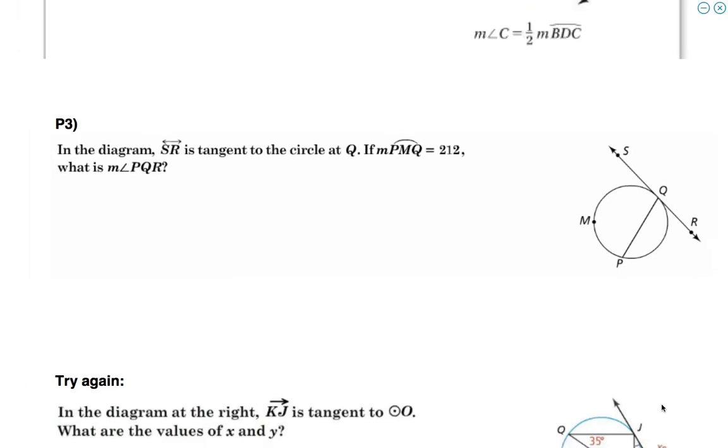So in the diagram, again, they're telling us SR is tangent. If PMQ is 212, what is PQR?